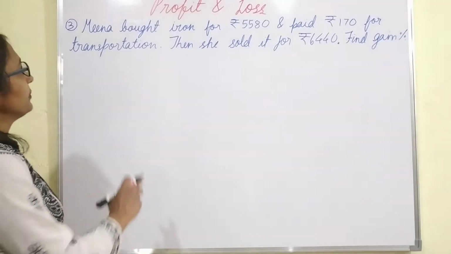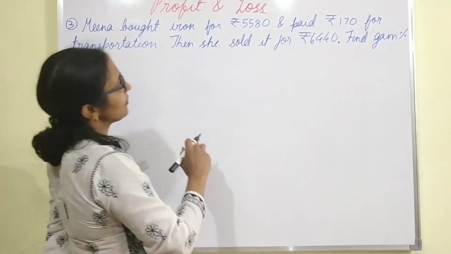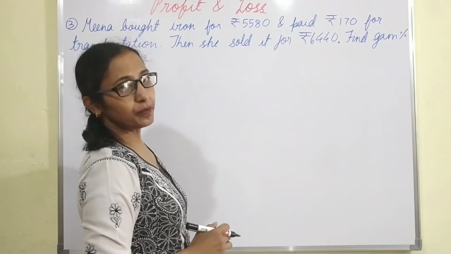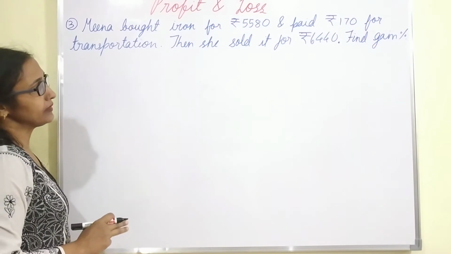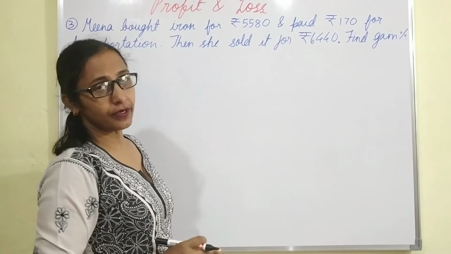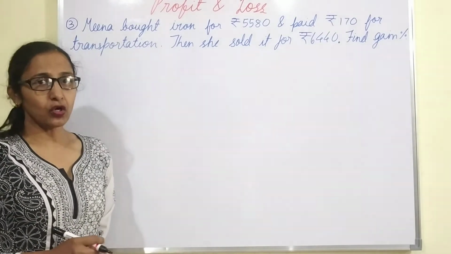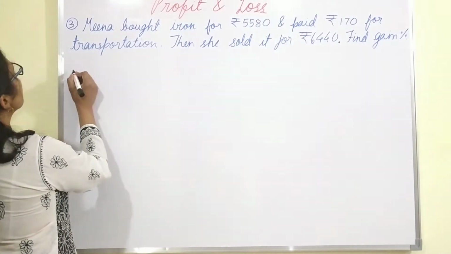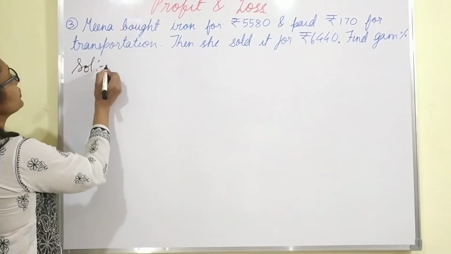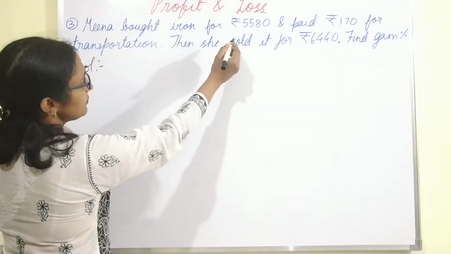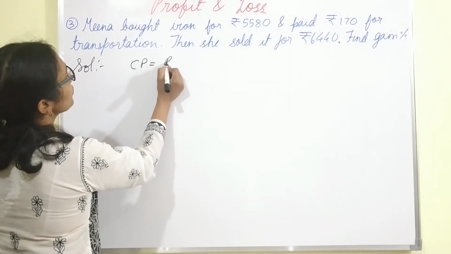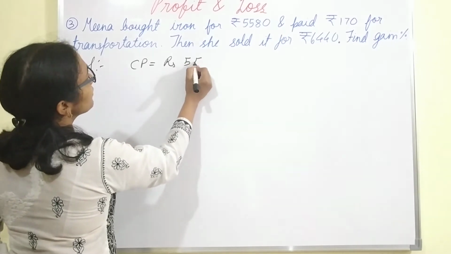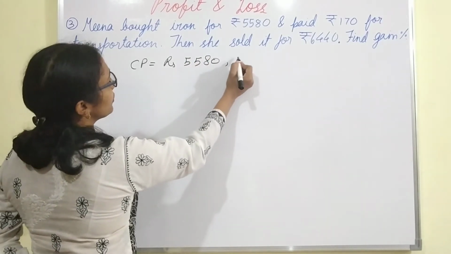Next question: she bought an iron for rupees 5580 and paid rupees 170 for its transportation. Then she sold it for rupees 6440. Find the gain or loss percent. Okay, so solution. CP is rupees 5580.